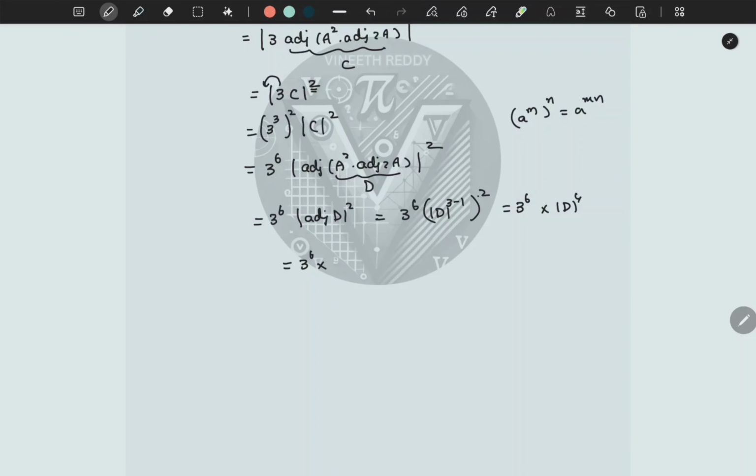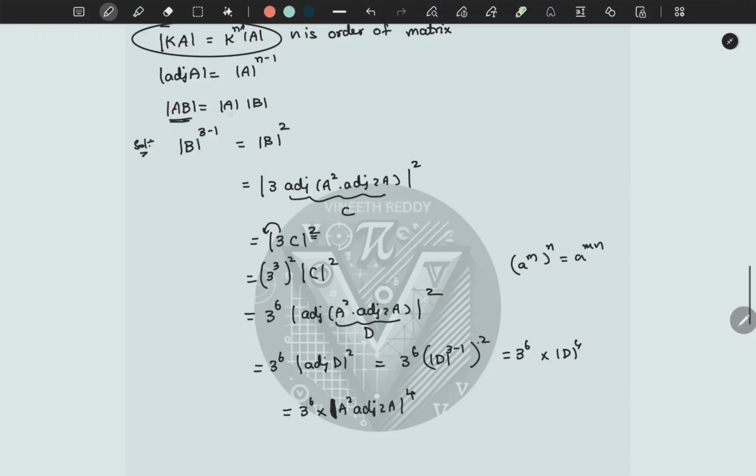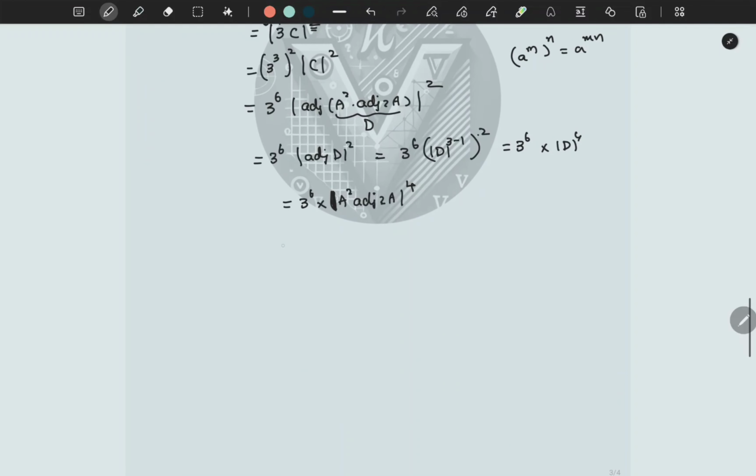D is nothing but A square into adjoint 2A whole power 4. Again, now here we have A square into something. That means determinant of A into B is determinant of A into determinant of B. So we can write this as determinant of A square whole power 4 into determinant of adjoint 2A whole power 4.